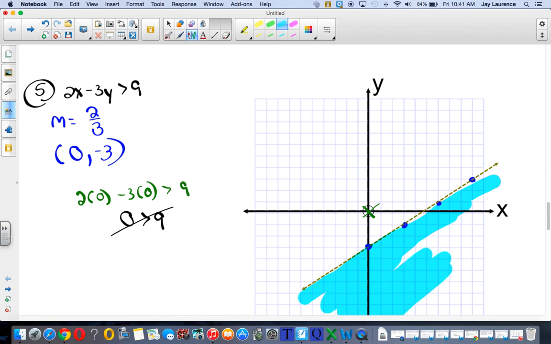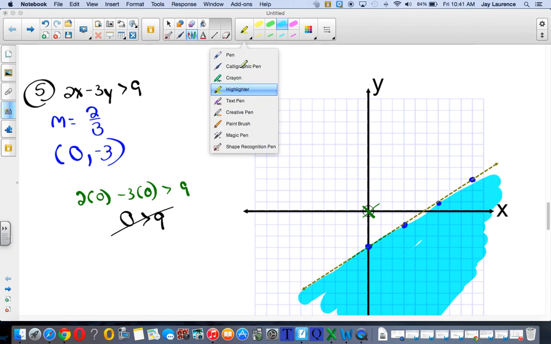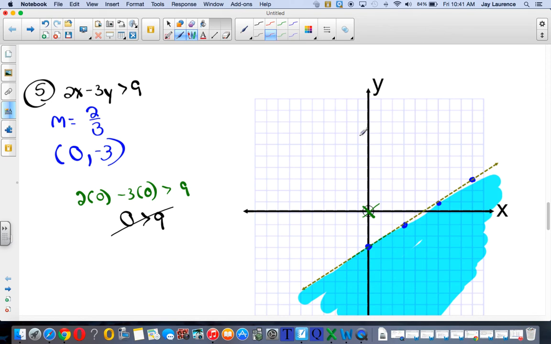Had I gotten a true statement, had I picked a different point, I mean, go ahead, pick a different point right now. What do you want to use? What's that, Boyana? Boyana wants me to use the point 5, -4. Okay, Boyana, just for you. I'm going to go 2 times 5 minus 3 times -4, and that's greater than 9.